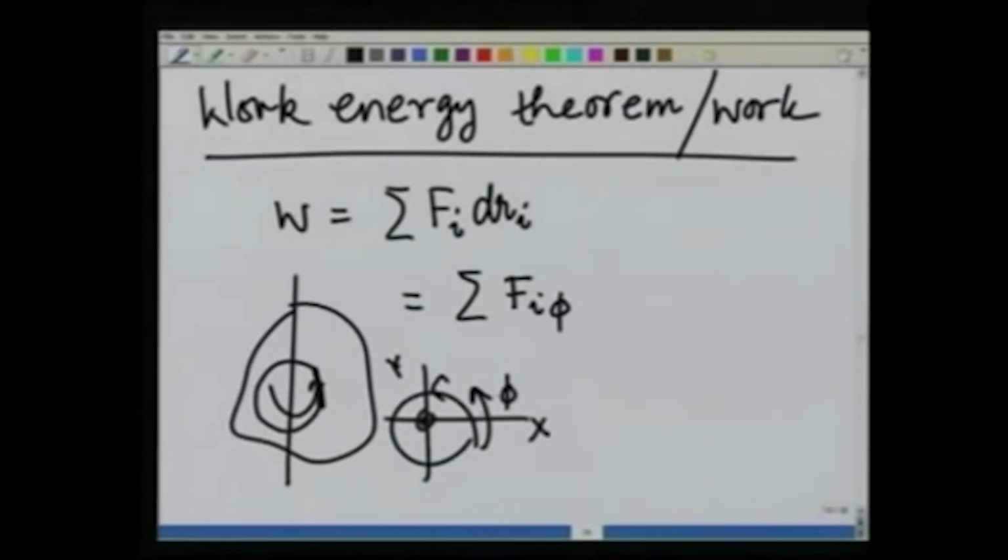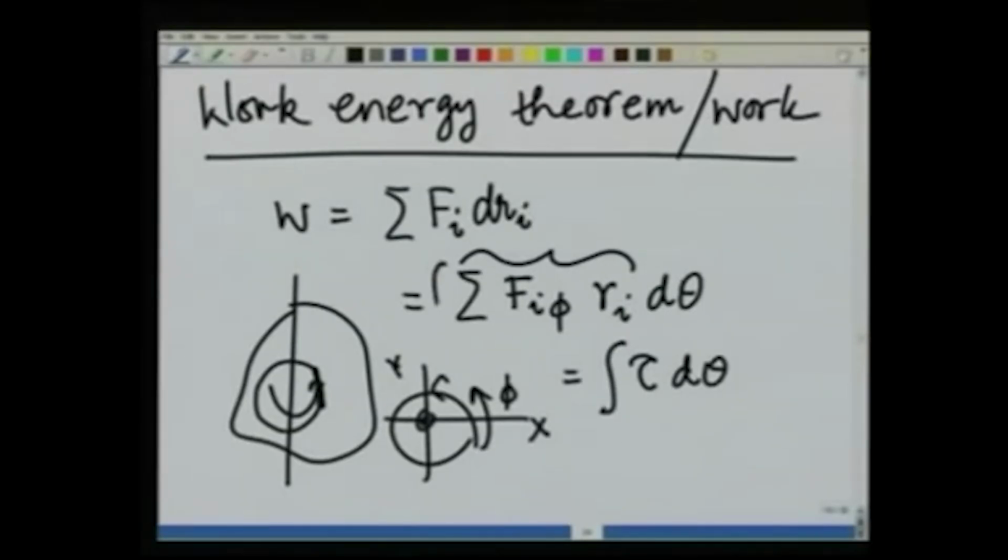F i phi, distance is going to be r i d theta, which is nothing but, this quantity is nothing but the torque. So, torque times d theta, this is going to be partial work done. For full work I put the integration.